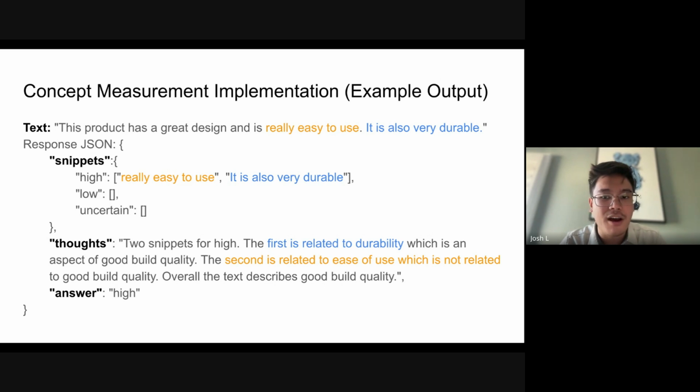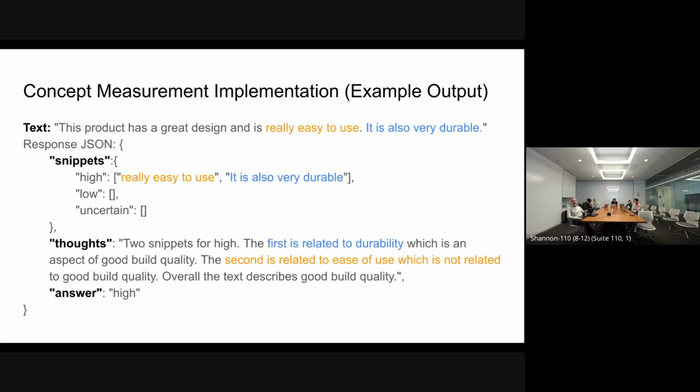And in the chain of thought, we show that, okay, there's two snippets for high, but only one is related to durability. So in this example for the prompt, we demonstrate to the model that sometimes there are mistakes in snippet extraction that you can correct in the chain of thought reasoning so that it can ignore pieces of information that are irrelevant.